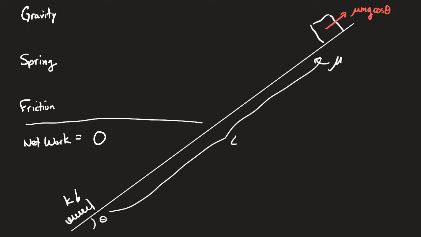Now, this force acts in opposition to the motion of the object. We need to keep in mind that the object is traveling in this direction. So my next question is, through what distance does this force act? L for sure, but is it just L?